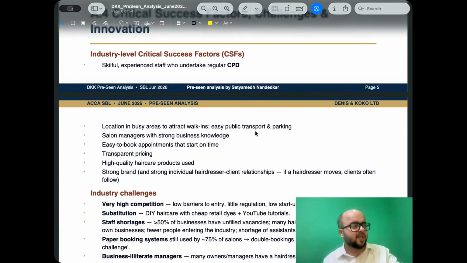Then location in busy areas to attract walk-ins, easy public transport and parking. I think easy public transport and parking comes up a lot in the previous scenes. Do you agree? If you remember, it was in PSS, it was in PVS too.